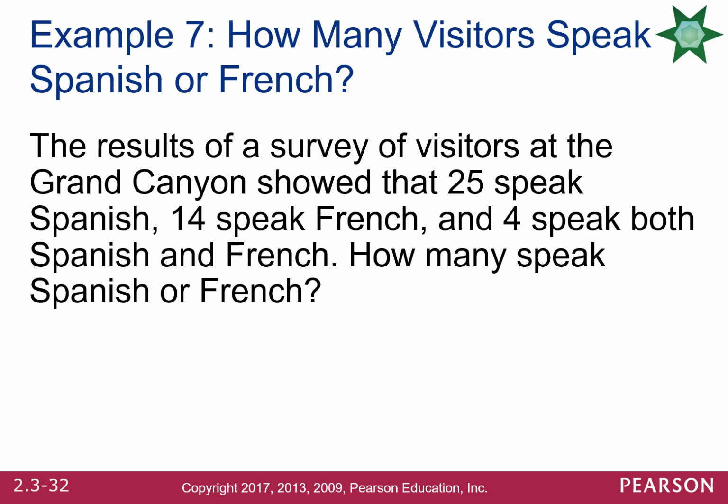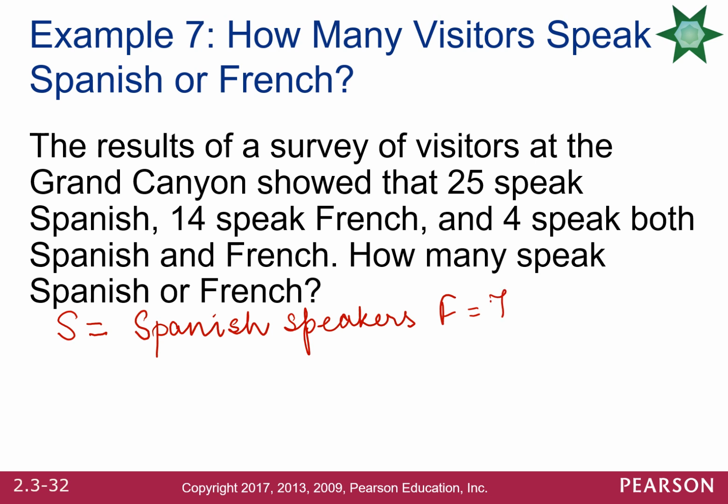One is the set of Spanish speakers, let's call that S. The other set is the set of French speakers, so let's write F to refer to the set of French speakers.